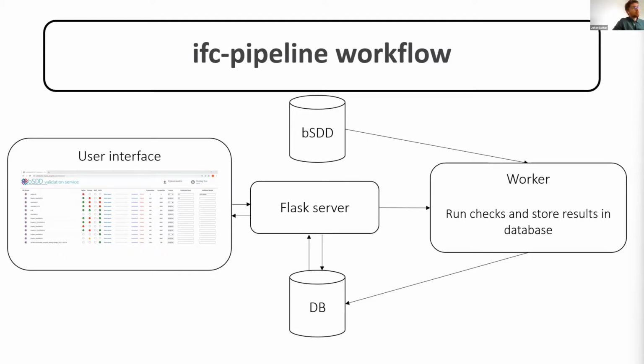So you can request some action from the server, so the validation of the check, and everything is done through a worker mechanism where there are the 3 checks that can be run, and the bSDD check is going to request some information from the bSDD API, and then it will store the results of the check in a database that can be used to display the result of the checks from the user interface.